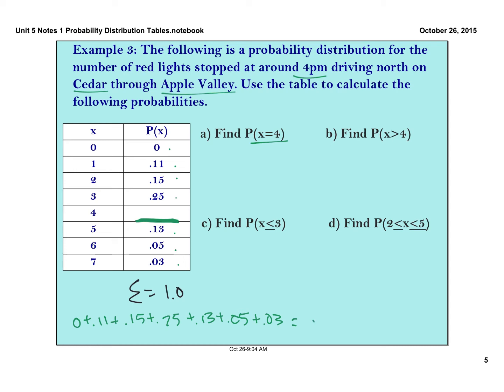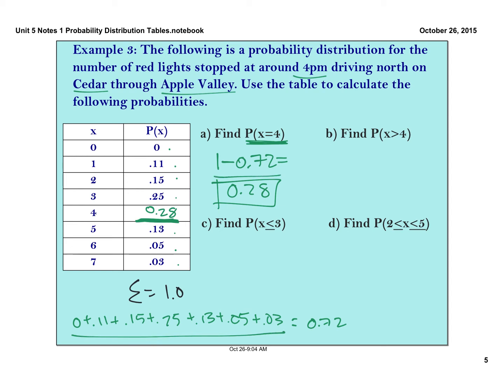So this is equal to 0.72, which means the probability that I stop at 4 stoplights is 1 minus that. Whatever's left is what I'm looking for, so 0.28. That's my probability for 4, okay? So again, I added up what I knew, and then I subtracted that from 1 to get the 1 missing.